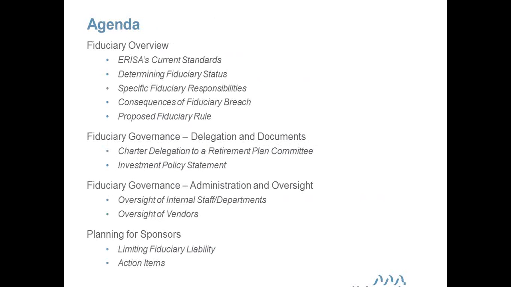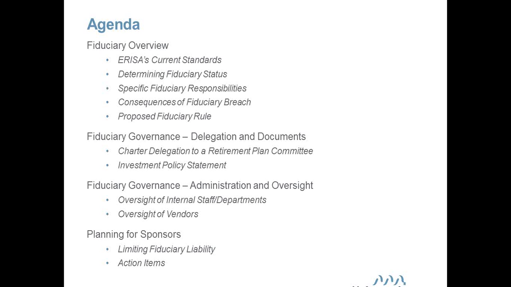And so today, I'm going to talk a little bit about the fiduciary standards under ERISA, which is very timely given that the Department of Labor recently released a proposed rule about expanding the definition of fiduciary. We are going to touch on that, but pretty much for today's purpose, we're going to go through current standards, how you determine whether you're a fiduciary, and consequences of breach.